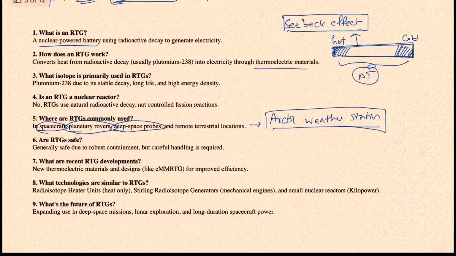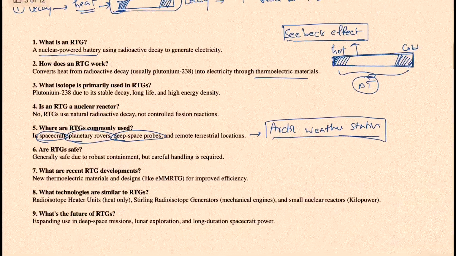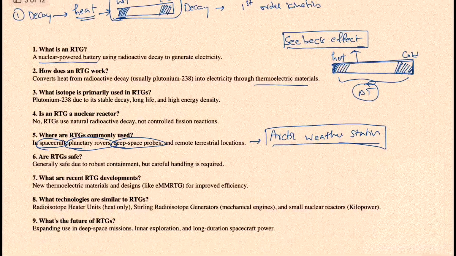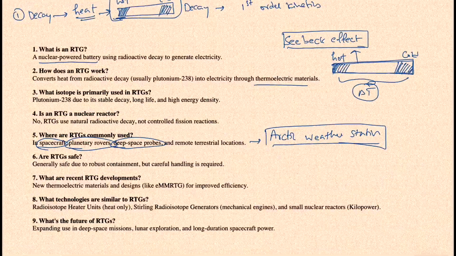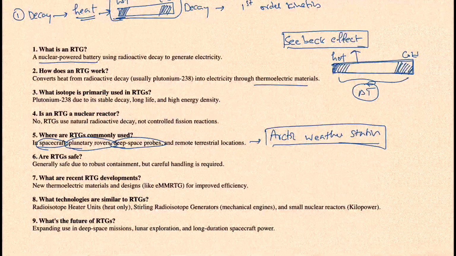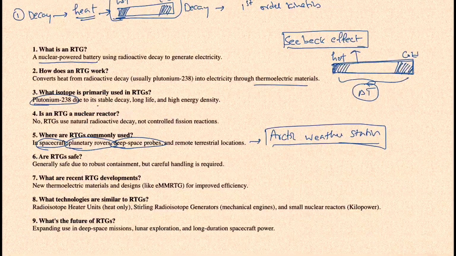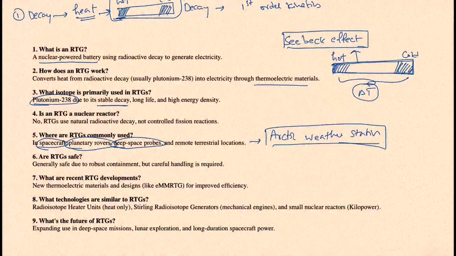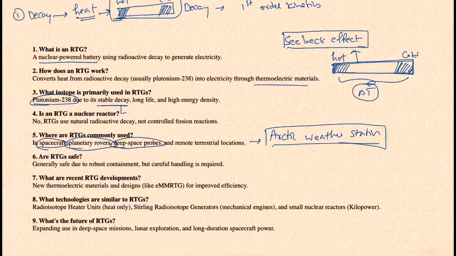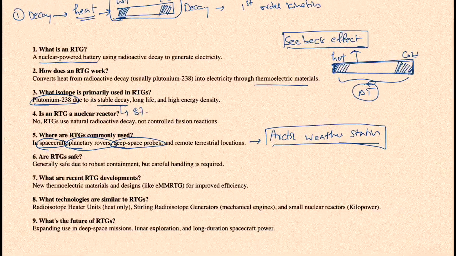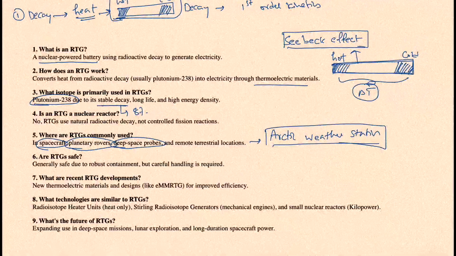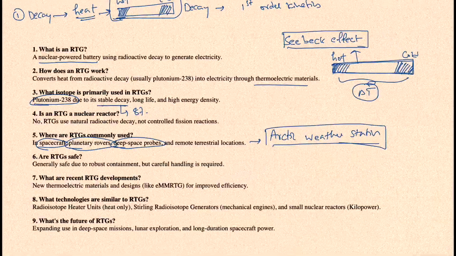One more important aspect is which isotope is primarily used in RTGs. It is Plutonium-238. Why do we use it? Because it has a stable decay. It has an optimal half-life of 87 years. Half-life comes under first order kinetics. We need not go much into it.